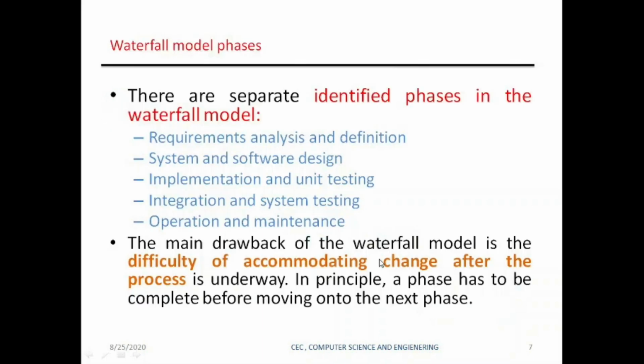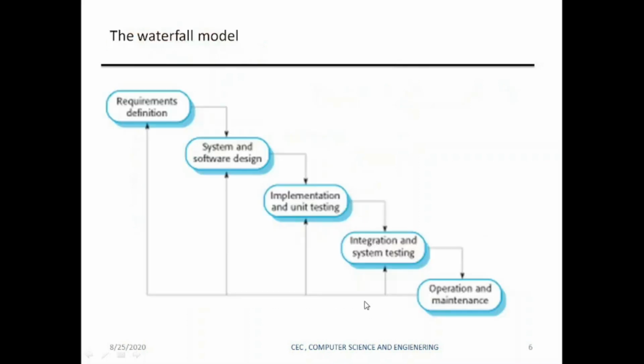In principle, phases have to be completed before moving on to the next phase. Obviously, why is it not possible? Because it has been documented. One process has to be completed before the next process starts working. Once it is completed, only then does the next start.